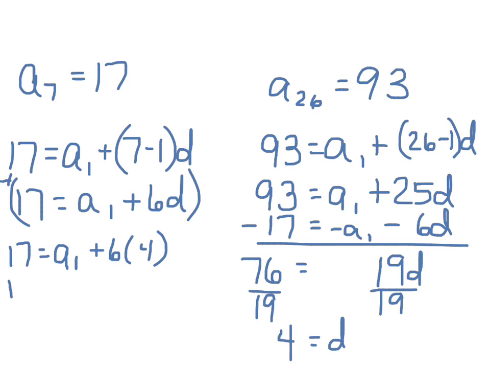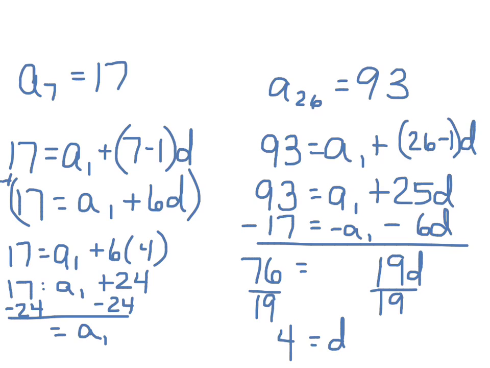Good. And how do I get rid of the 24? I subtract it, and 17 minus 24 is -7. Good. Now, final answer. What's the rule?